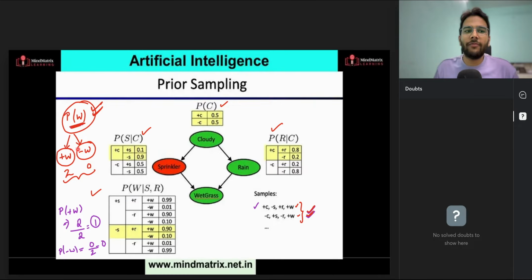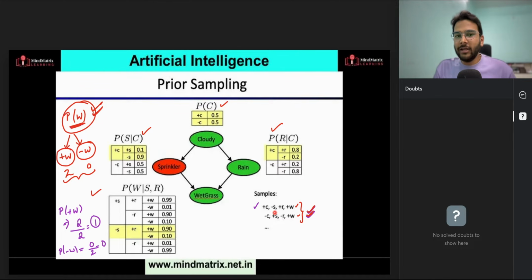You have 4 random variables here: cloudy, sprinkler, rainy, and wet grass, right? And all are binary or Boolean random variables. So can I say 2 into 2 into 2 into 2? That means total 16 are possible. Do you agree or not? Correct. Total 16 are possible.